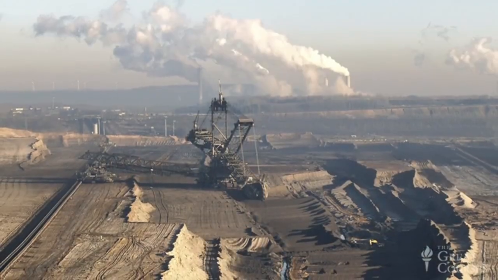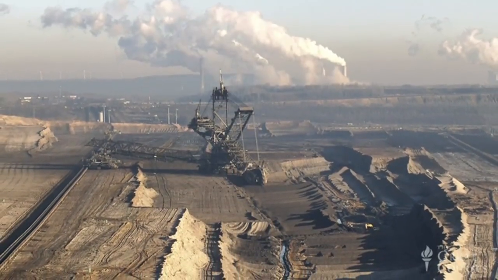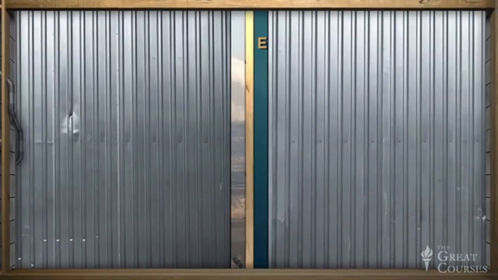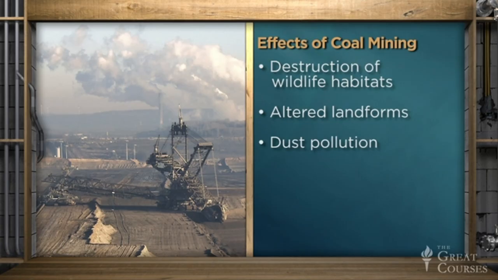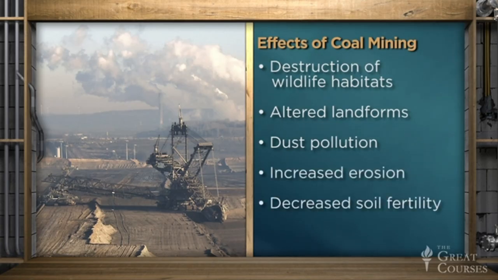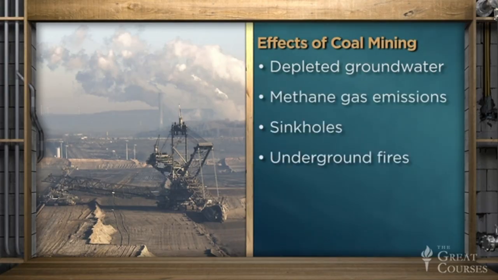Along with coal's contributions to power generation, we must also recognize its serious environmental impacts. We'll consider the effects of burning coal in the next lecture, but for now, we'll just focus on the effects of coal mining itself, which can include destruction of wildlife habitats, altered landforms, dust pollution, increased erosion, decreased soil fertility, depleted groundwater, methane gas emissions, sinkholes, and underground fires.